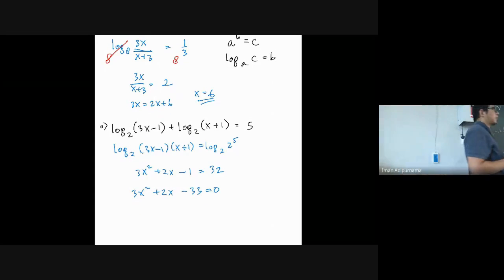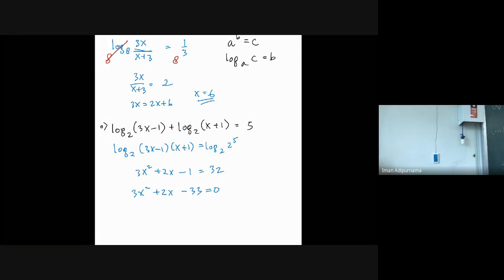So do you have a problem solving the factorization? Who still has a problem with factorization? Okay, 1. Anyone else? You can factorize this?